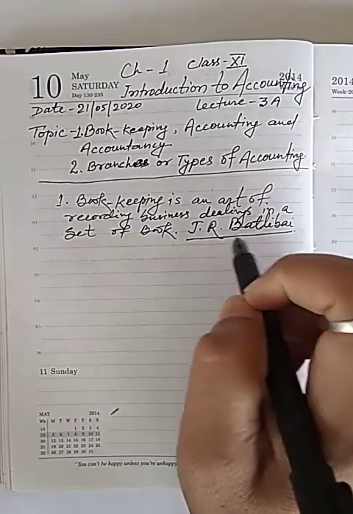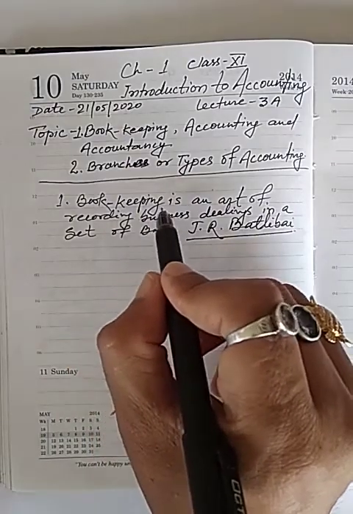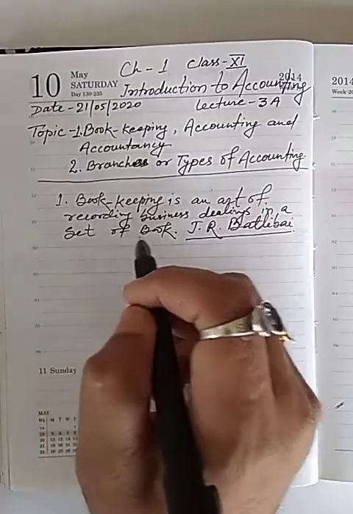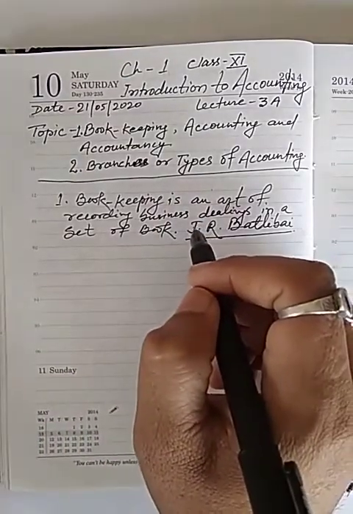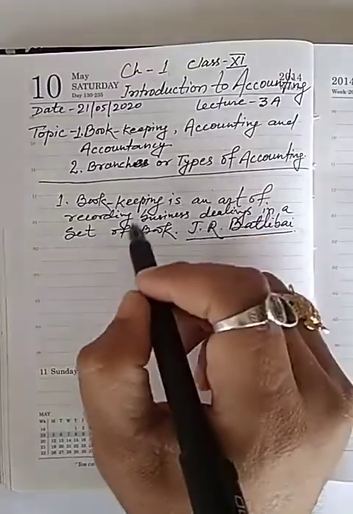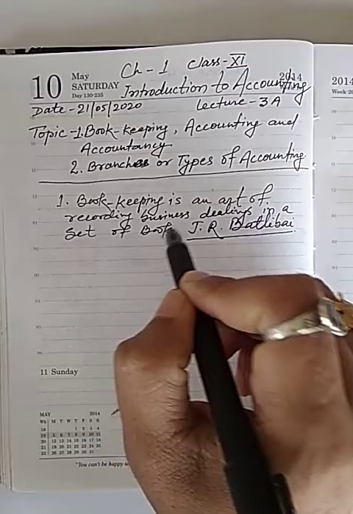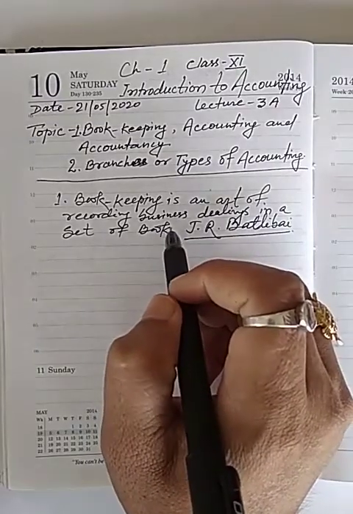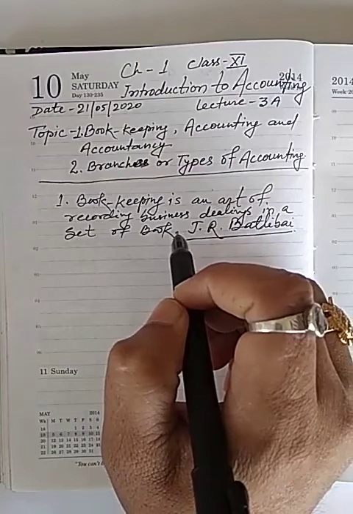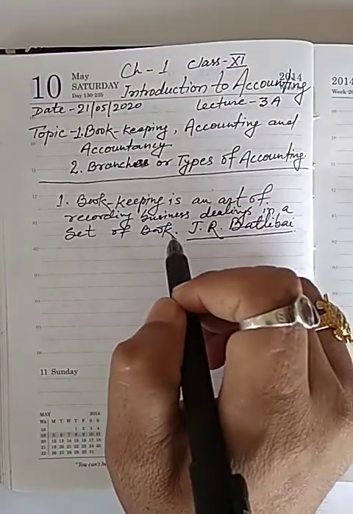He had given a definition of bookkeeping: Bookkeeping is the science and art of recording correctly in the books of account all those business transactions that result in the transfer of money or money's worth.